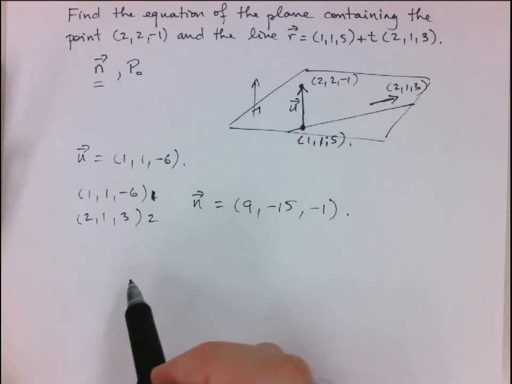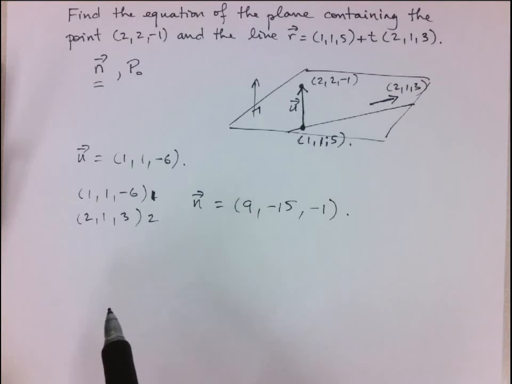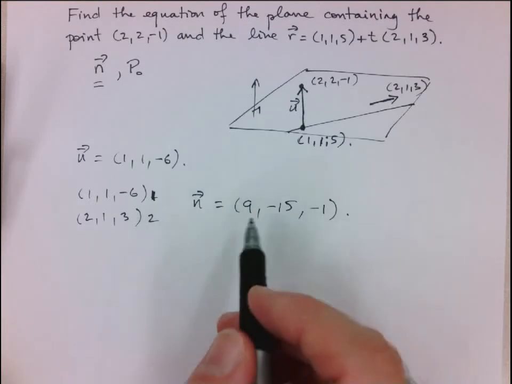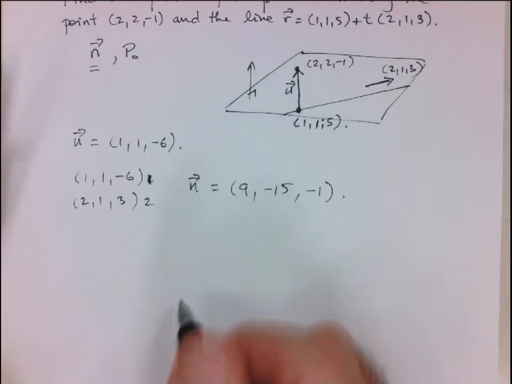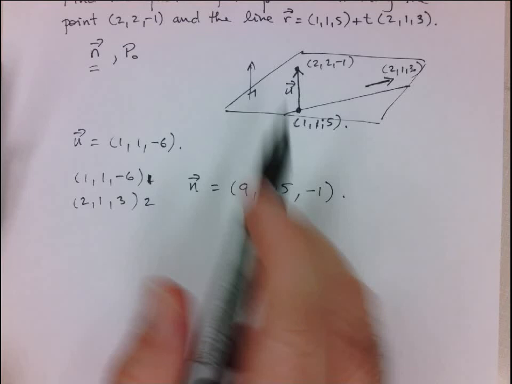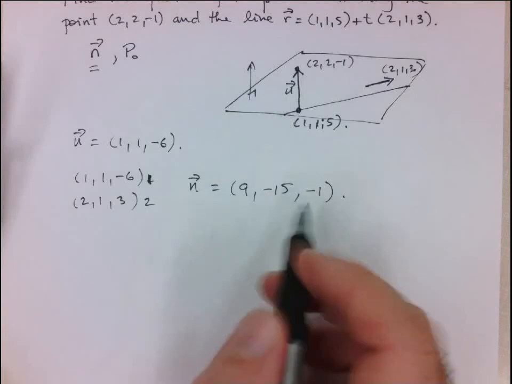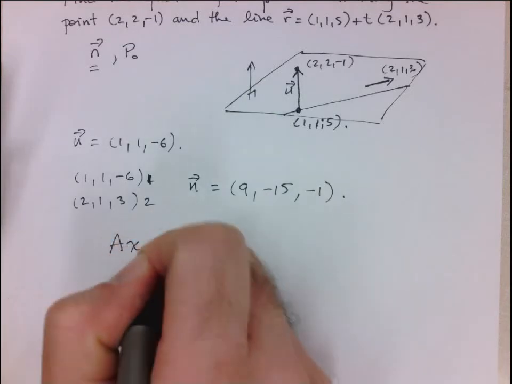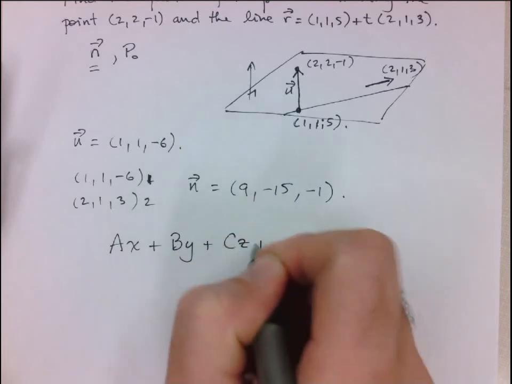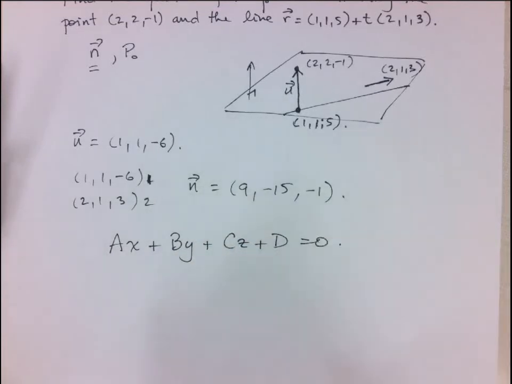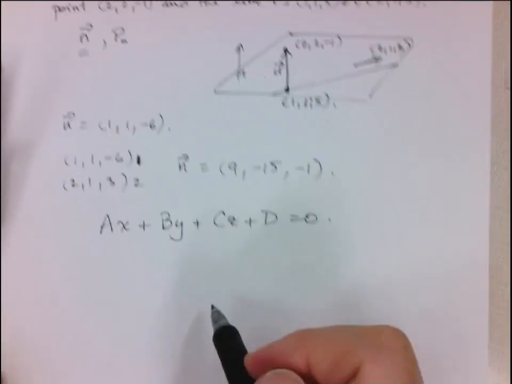It's always good to do a quick check on the normal vectors when we take the cross product. Now that I have a normal vector and I have a point on the line, I can find the scalar equation. So 1, 1, 5 seems a little easier, so I'll use the point 1, 1, 5 and this normal vector, and we will input it into our general equation for a plane, and then solve for our constant d.